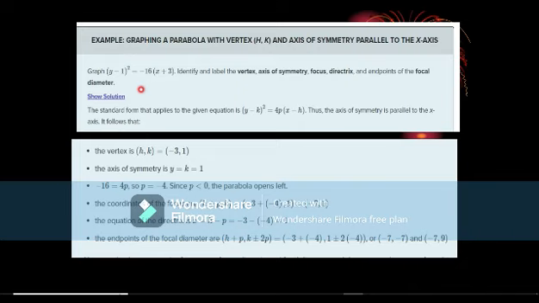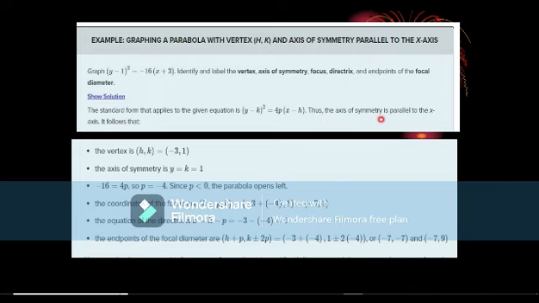Now, the solution. Try to recall what equation fits this given. The standard form of the equation is (y minus k) squared is equal to 4p times (x minus h).